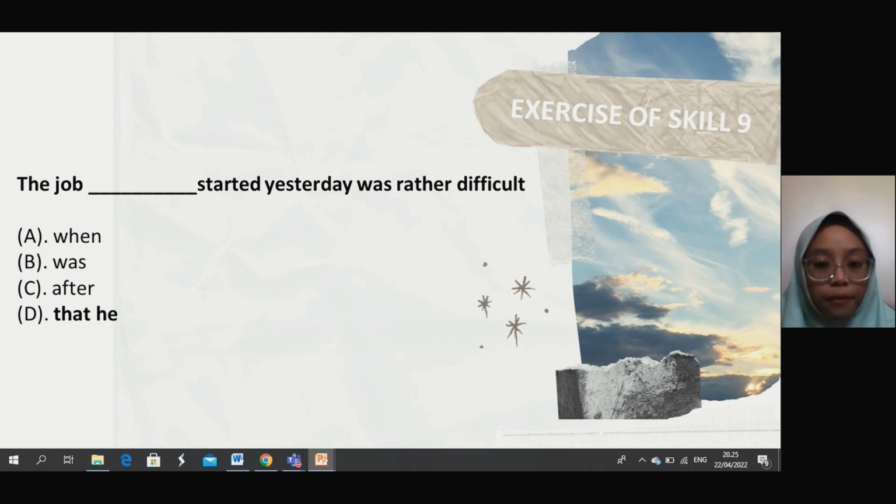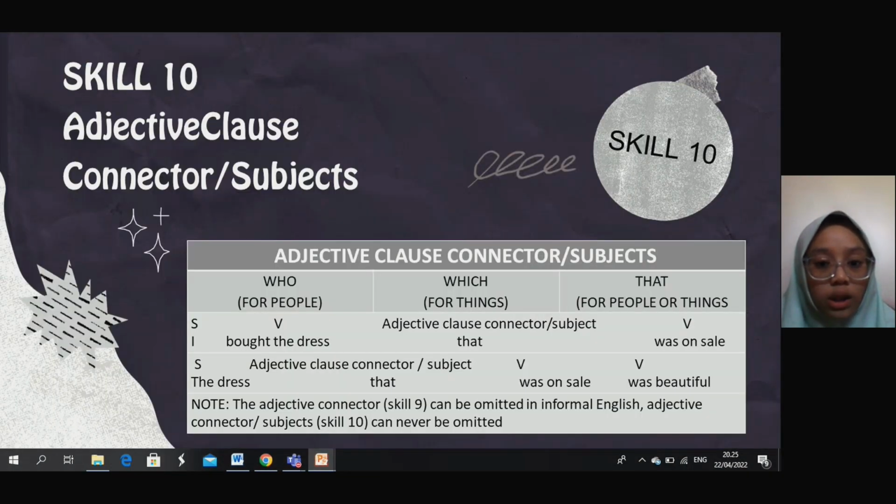So far, we have looked at skill 9, adjective clause connector. Now, I'd like to explain skill 10, adjective clause connector or subject. This slide shows skill 10, adjective clause connector or subject.